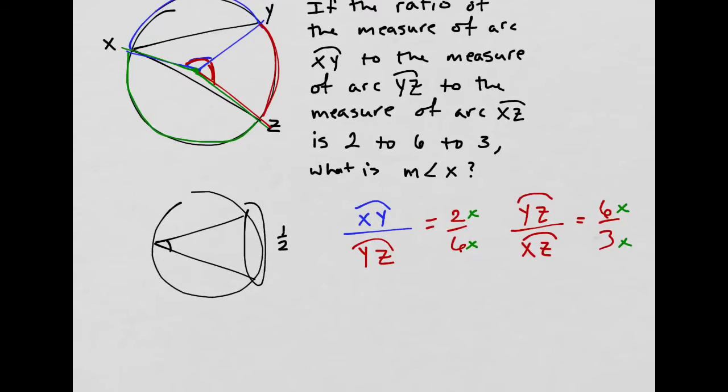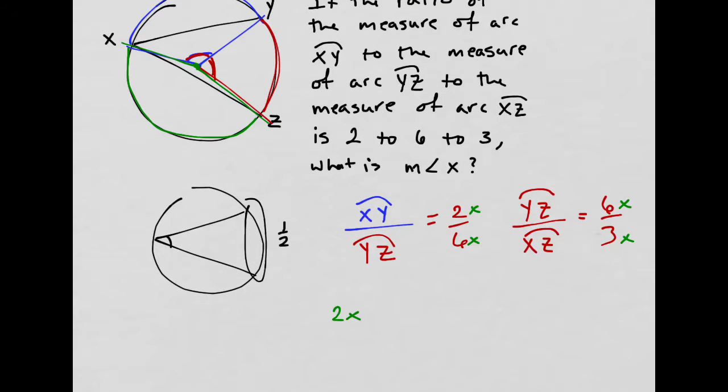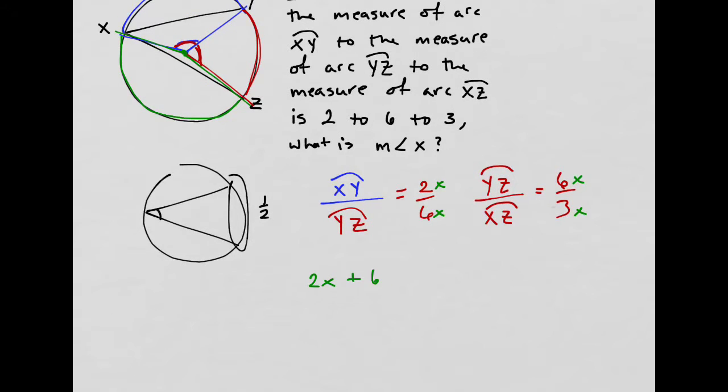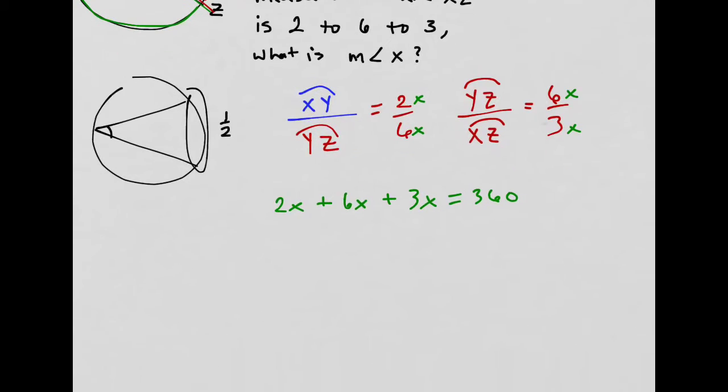So now I have 2x plus 6x plus 3x, that's going to equal 360. I know that when I reduce it, it's got to equal 2 to 6 to 3, but I don't know what to unreduce it by. That's how I'm thinking of this, because they're given ratios that I have to use.